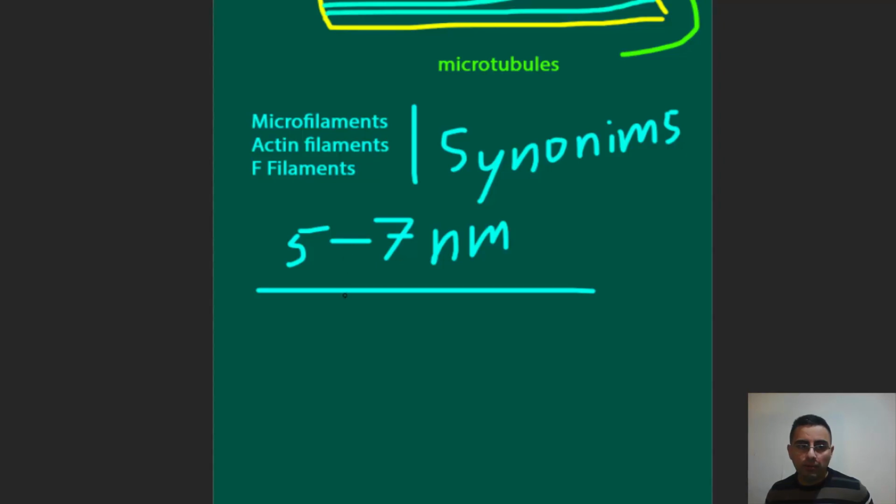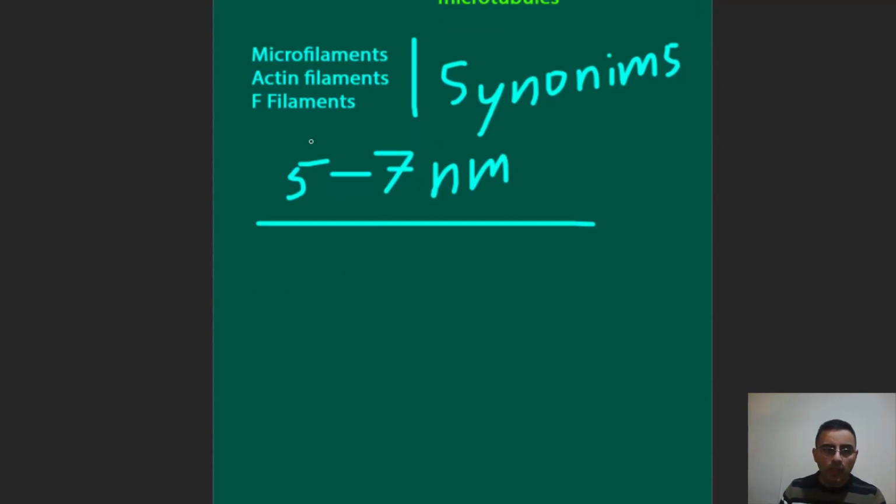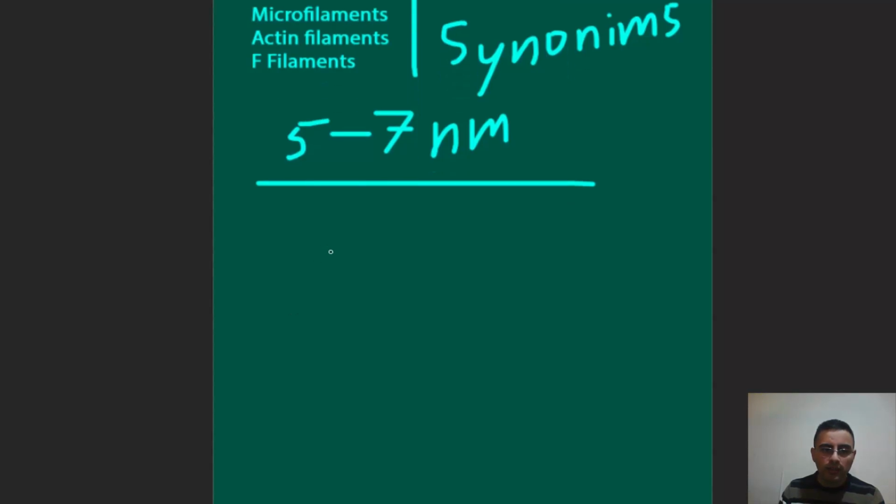Now let's talk about microfilament subunits. The microfilament subunit is globular actin, or G actin.